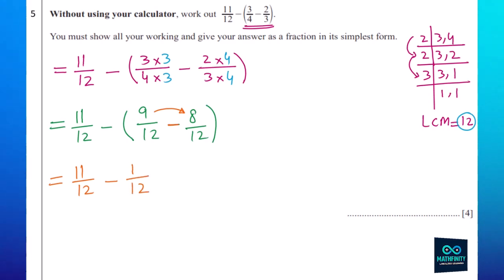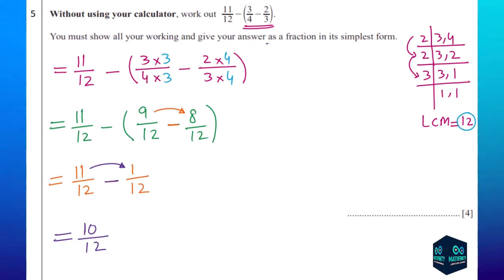For the next step, we can see already the denominators are same. So we just have to subtract again the numerator. Why we have to subtract? Because the subtraction sign is between them. What will be the answer? 11 minus 1, 10 over 12.